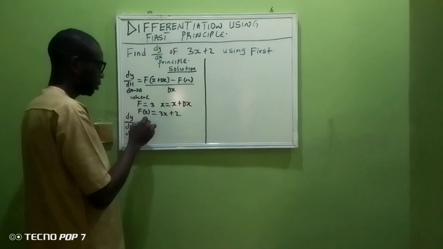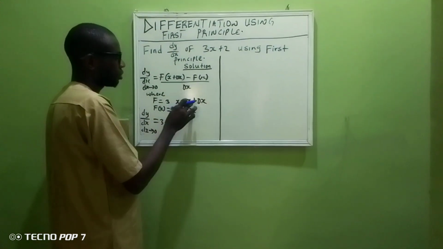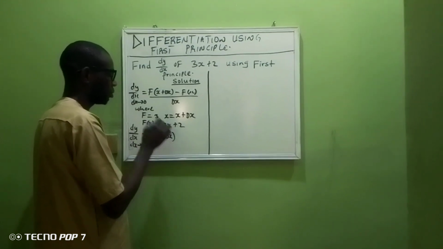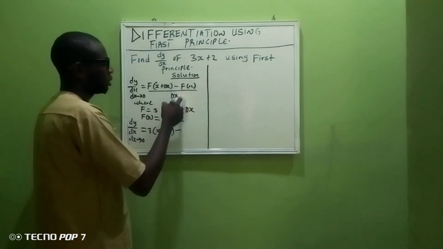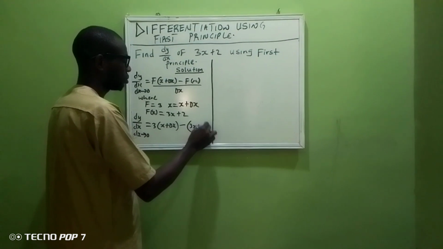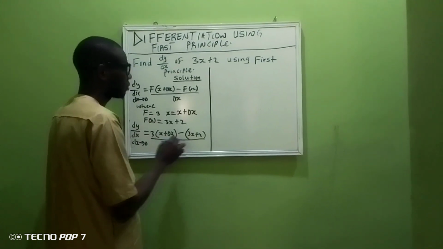So we have dy/dx as δx tends to 0 now equals 3. We now put 3 open bracket. Since this x is equal to x plus δx, we are going to put x plus δx here. We close the bracket. Then we are going to put minus the function, which is 3x plus 2, then all over δx.